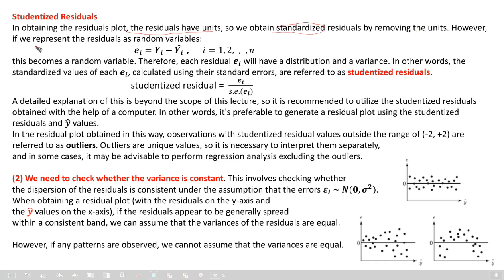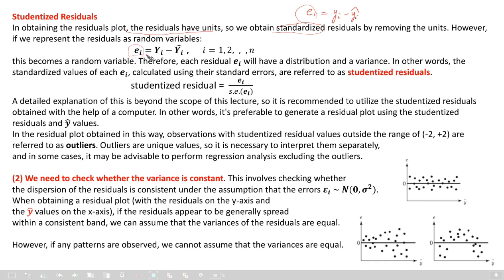However, if we represent the residual as a random variable, in bold e_i, if y_i minus y_i hat, what was e_i? e_i, the residual, was y_i minus y_i hat before, just the value, okay? The realized value of the error. But here, I'd like to represent the residual as a random variable.